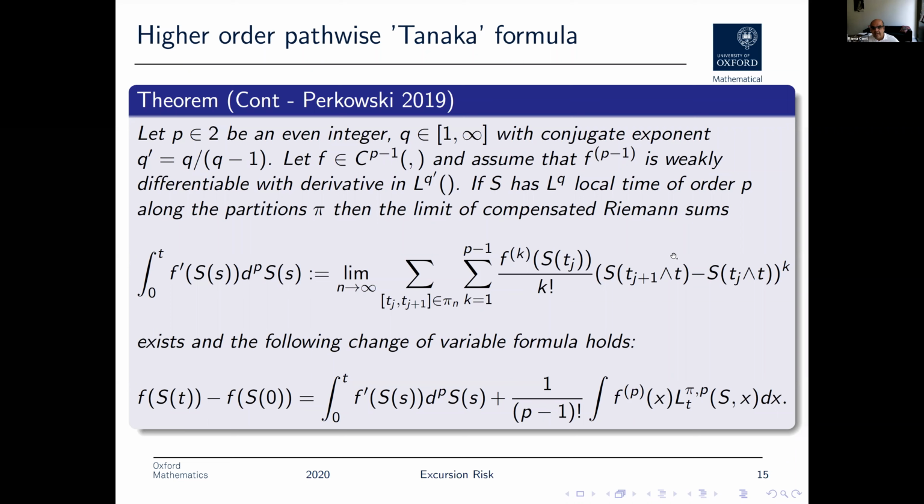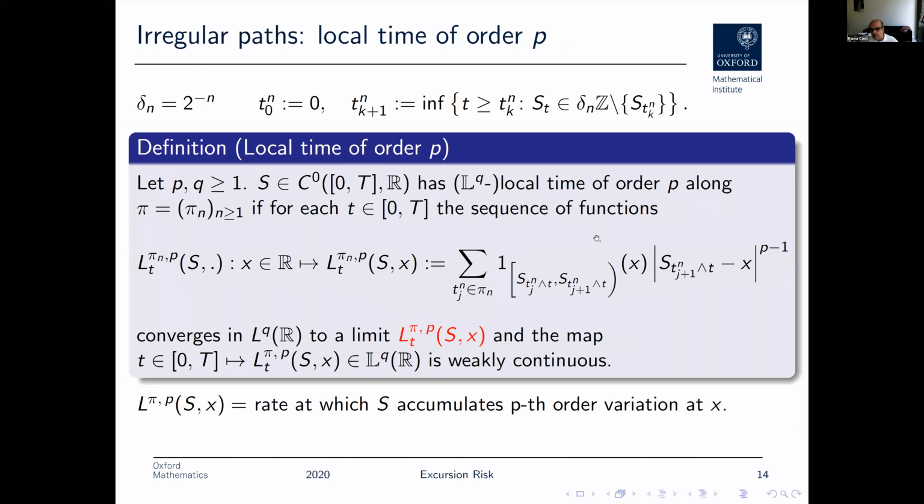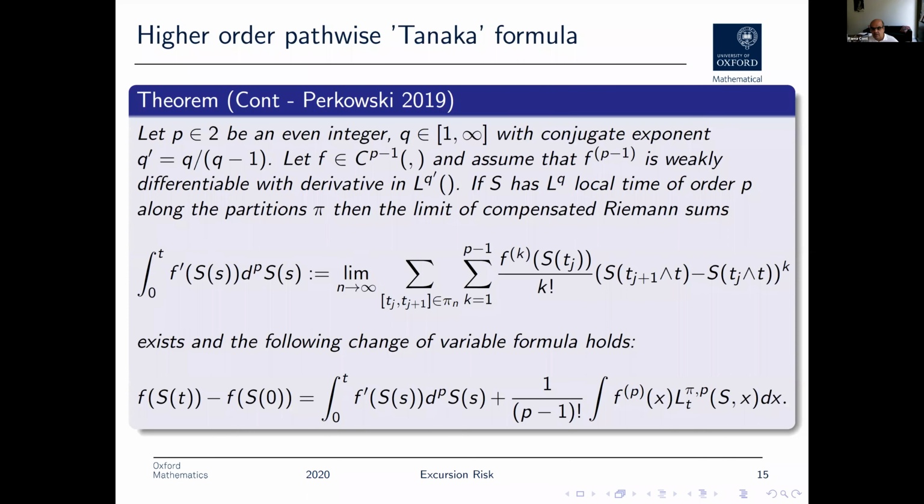What we show is that if we have a path S for which this sequence of functions converges, so a path which has local time of order p in this sense along some sequence of partitions pi, then if we compute the following compensated Riemann sum, I'm going to take the increments of the function f along this partition, and I'm going to do a Taylor expansion of order p minus 1 of each increment.